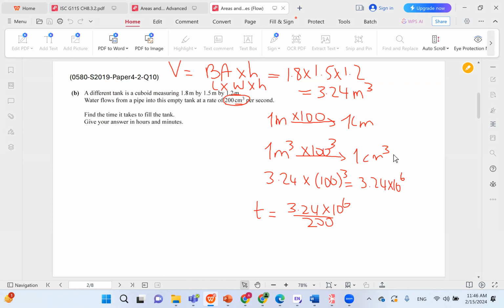This would be 1.62 times 10 to the power of 4 seconds, or simply 16,200 seconds.